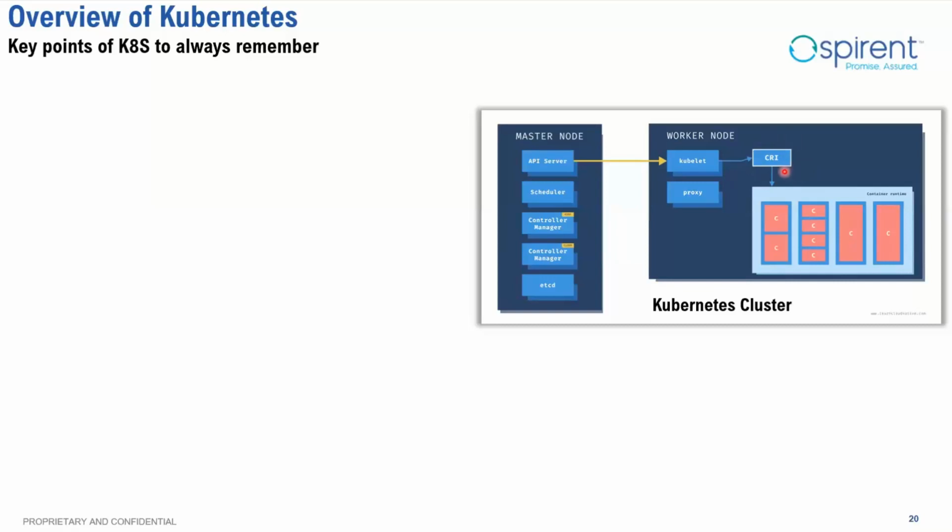So there are clusters in Kubernetes. We use that language, cluster. So what is a cluster? A cluster may have a group of 10 servers. There may be another cluster, a group of 100 servers. Cluster 2. There may be cluster 3, which may have 500 servers. So there can be any number of servers within a cluster, and there can be any number of clusters for the Kubernetes master.